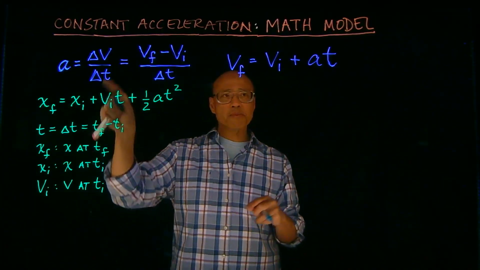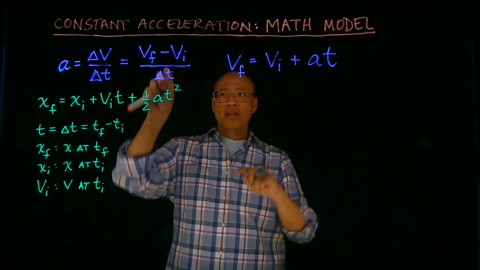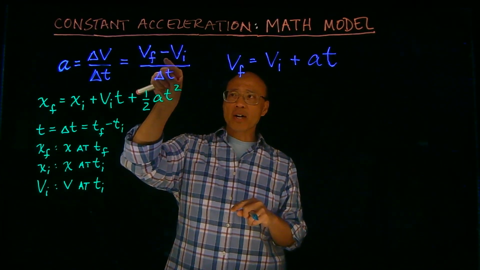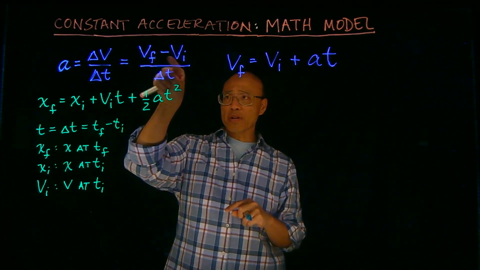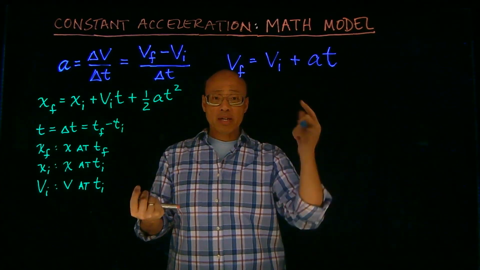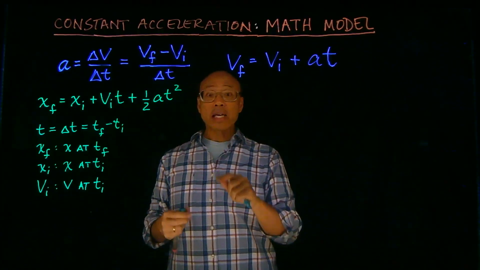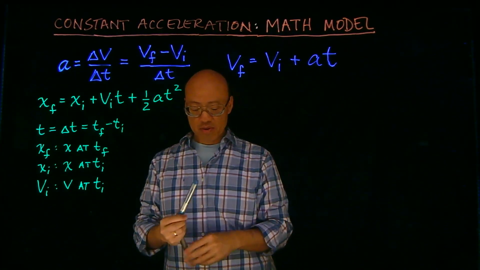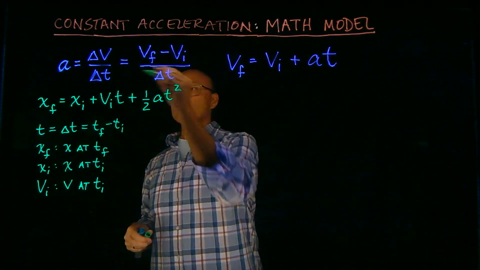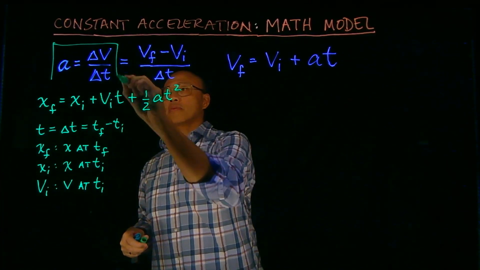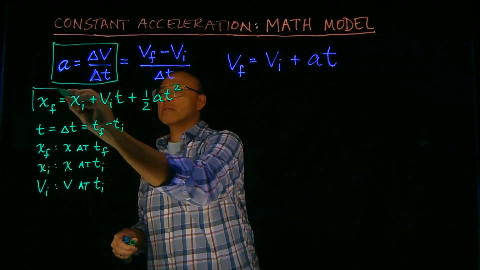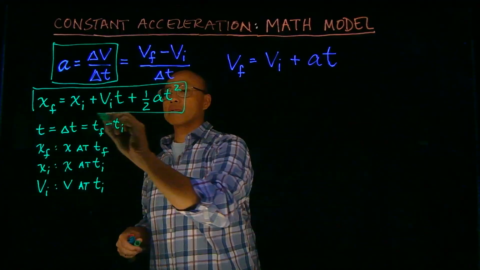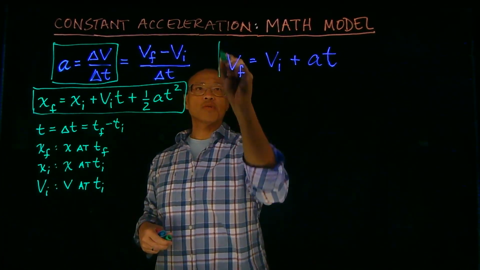I multiply a times t. That's where this term comes from. Then I add vi to both sides to separate vf and vi. If you do that, you get this. So the equivalents of these equations are in the book. Which ones? This one, this one, and this one.